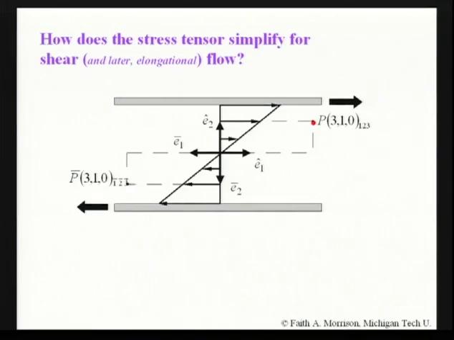These 2 points are symmetrically related. I can show this by considering 2 different coordinate systems. If I consider a coordinate system, the bar coordinate system, E1, E2, in this coordinate system, this point is called the same numerical value as this one. It's called 3, 1, 0.